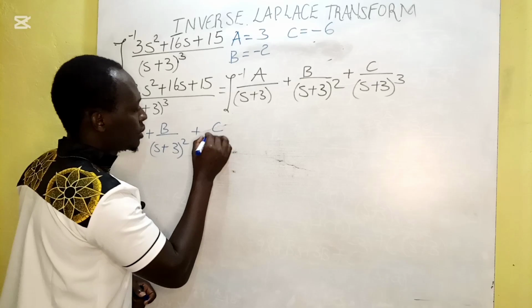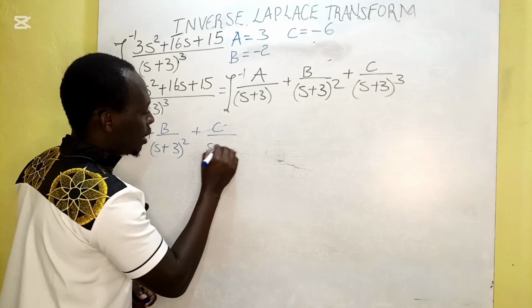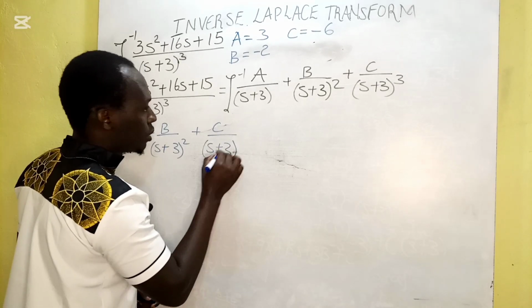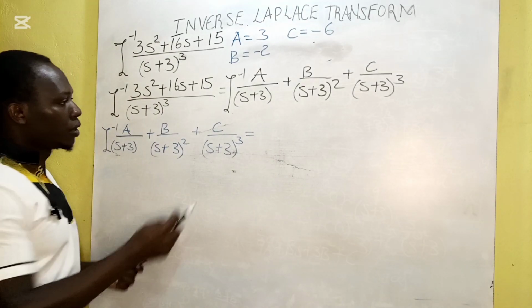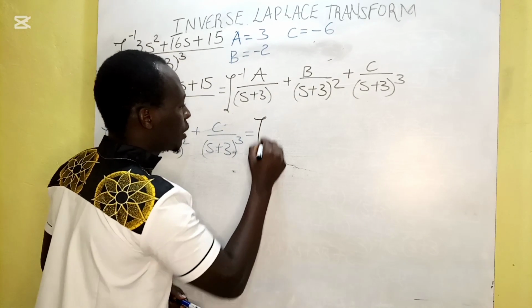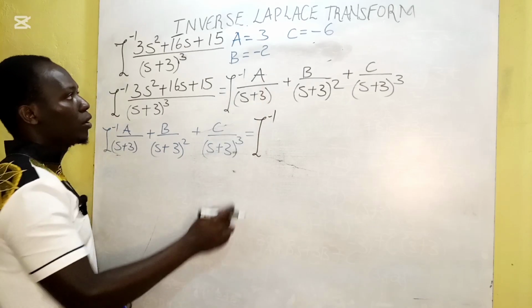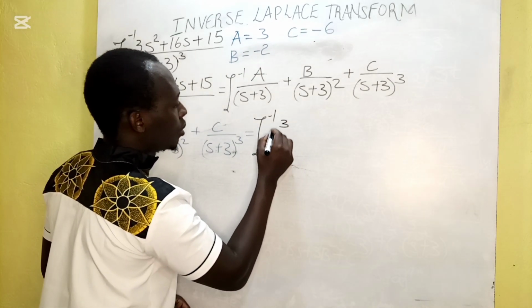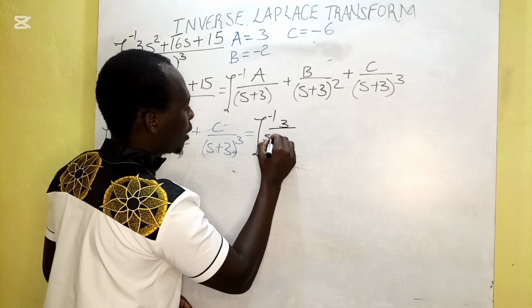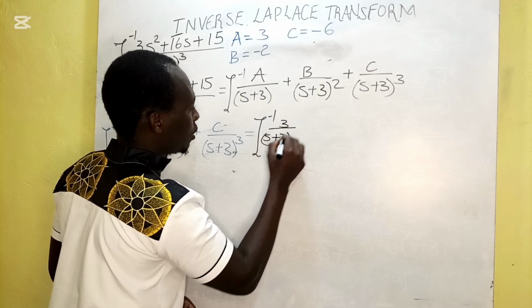We come and take c all over s, we add to 3 cubed is going to be equals to, we are going to have the inverse Laplace transform of our value of a was equals to 3 all over s, we add to 3.